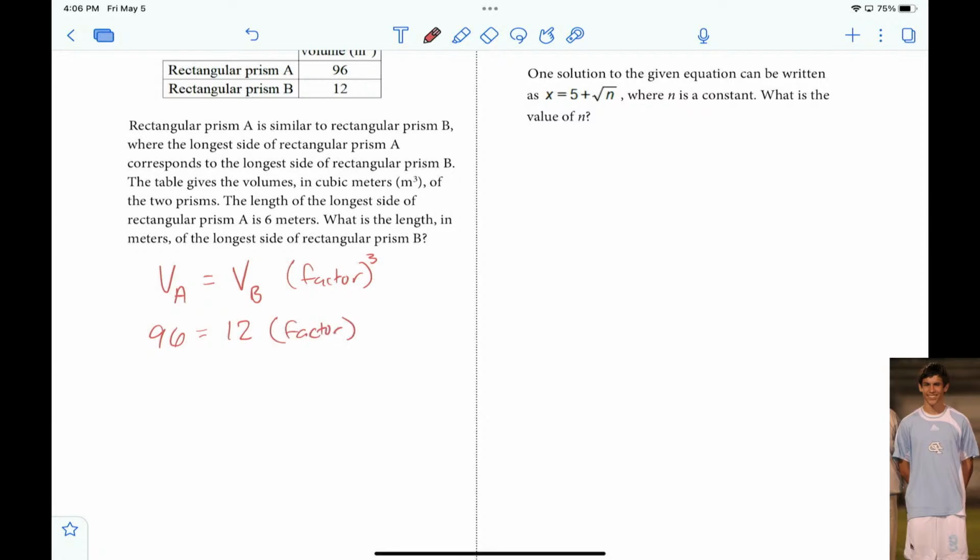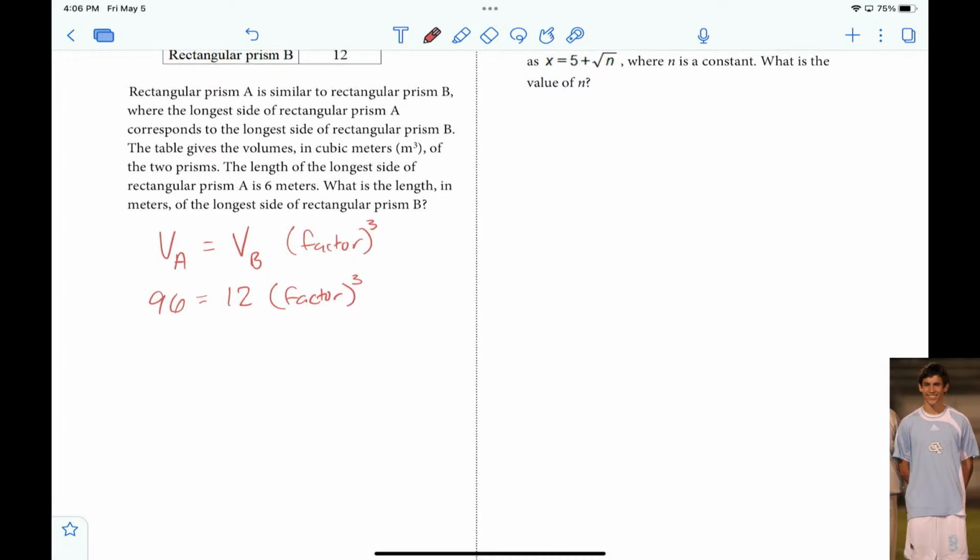We don't know what we're multiplying one prism's sides by to get to the other prism's sides. So we're just going to solve for the factor. So we divide both sides by 12. So we get 8 is equal to that factor. Ooh, that was bad handwriting. Cubed. So to solve for the factor, we're just going to do the cube root of both sides. So we get 2 is equal to that factor.